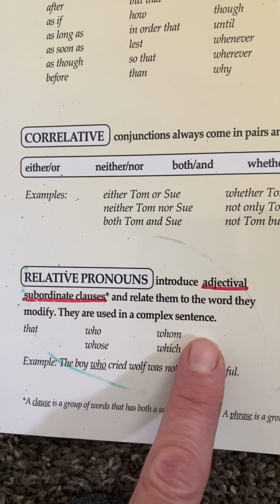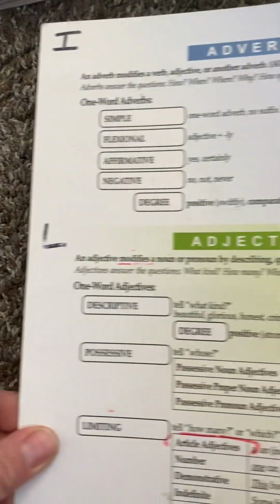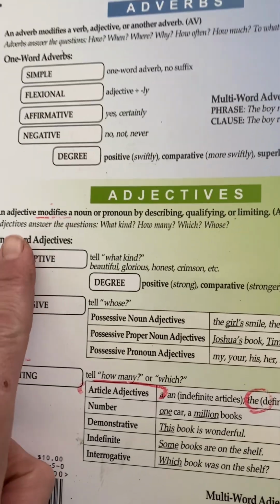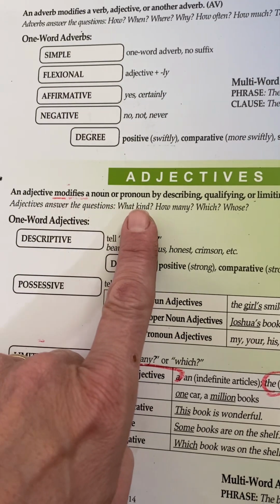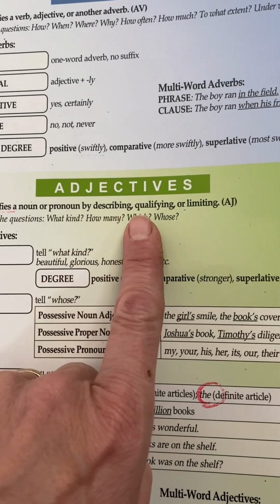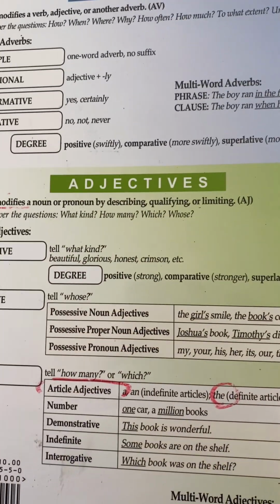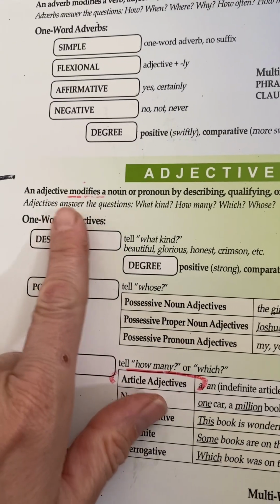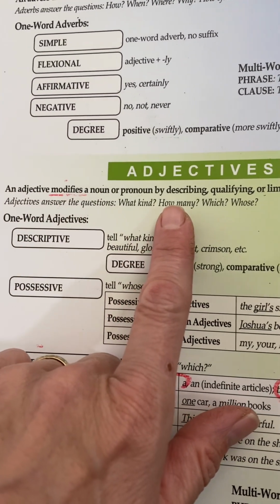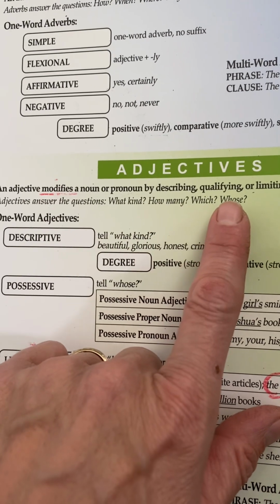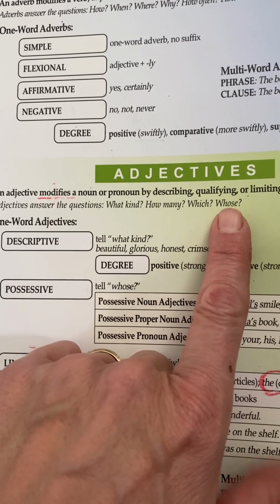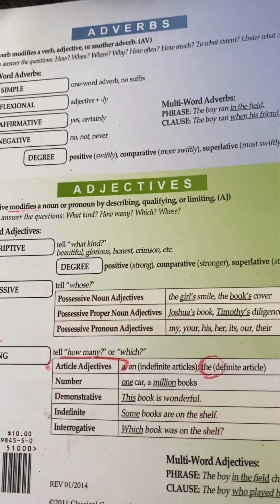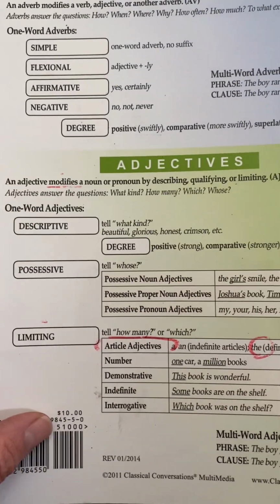So if you think about an adjective, it answers which questions. An adjective modifies a noun or pronoun by describing, qualifying, or limiting. So this whole adjectival phrase should answer the question what kind, how many, which, or whose. All right? So it's going to tell us more about the noun or pronoun it is modifying.